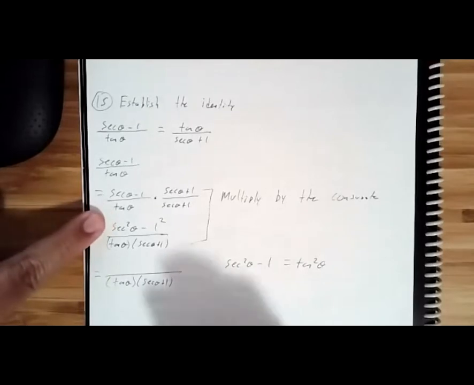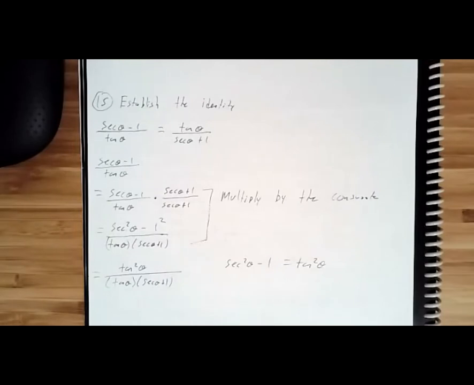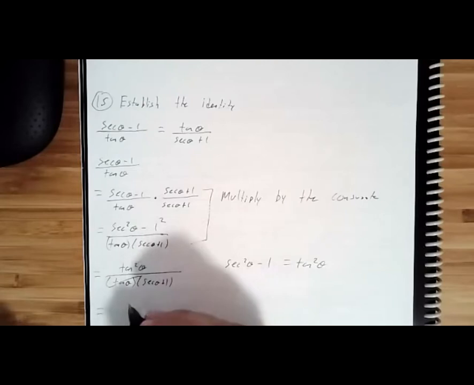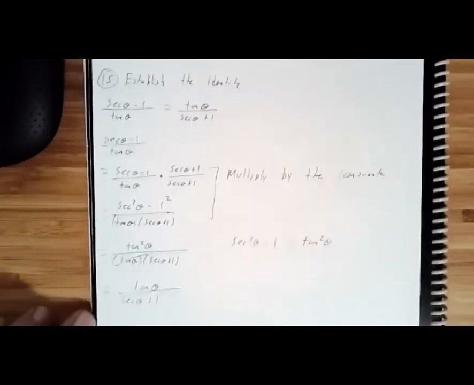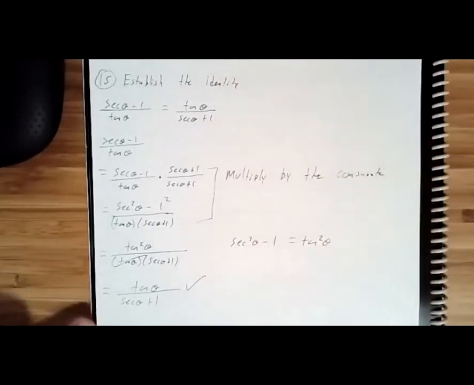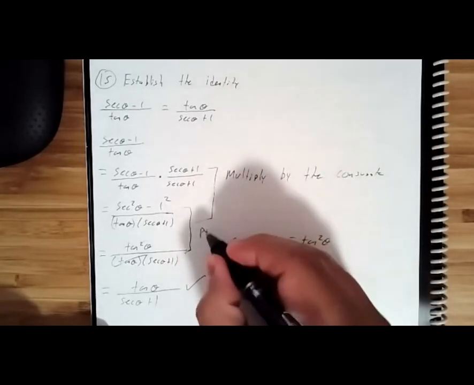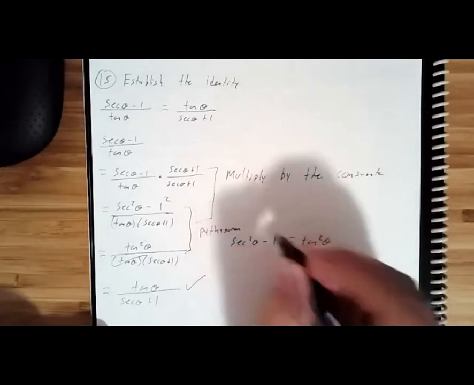So this top part is the same as a tan squared. So one of these tangents will cancel. Getting us to here, which is where we wanted to go, right? That's what we were trying to show. Any question on the proof?